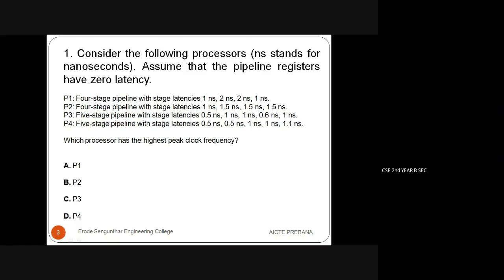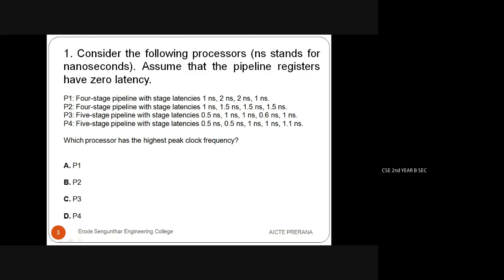Coming to P2, processor 2, they have given 4 stages of pipeline with stage latencies 1 nanosecond, 1.5, 1.5 and finally 1.5 nanoseconds. P3 is the third processor, with pipeline stage latencies 0.5, 1, 1, 0.6 nanosecond and finally 1 nanosecond. It's a 5-stage pipeline.